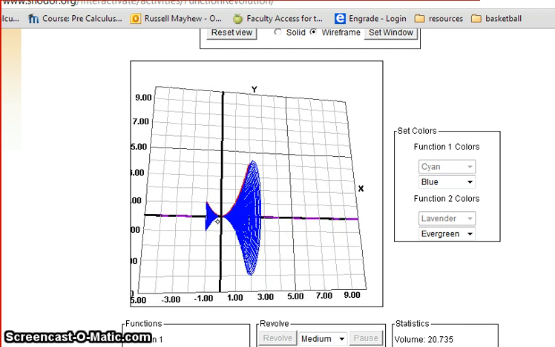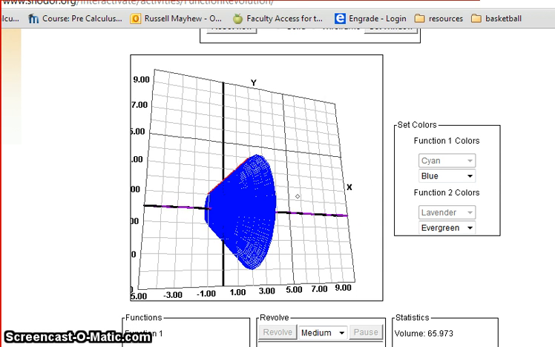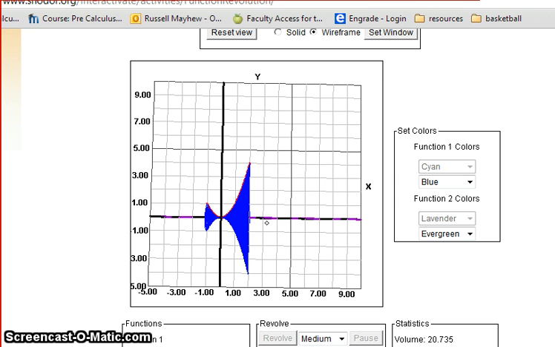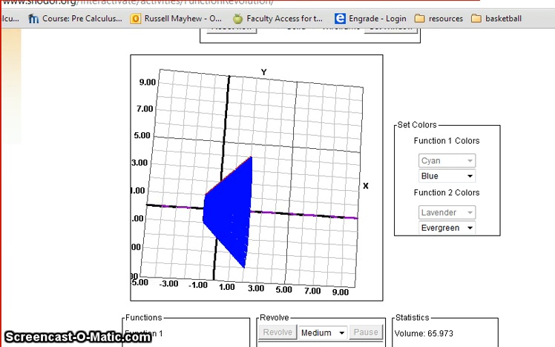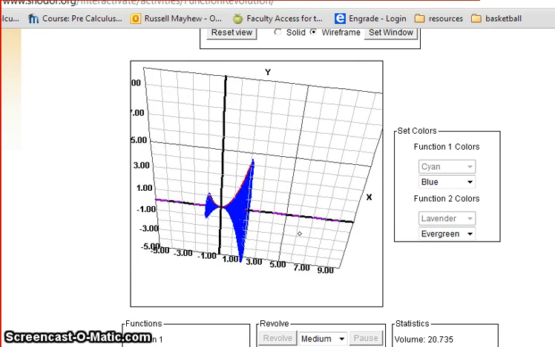It goes infinitely skinny. But what we're going to be doing is taking this volume and subtracting this volume from inside. So this is done by subtraction, taking this and subtracting this.